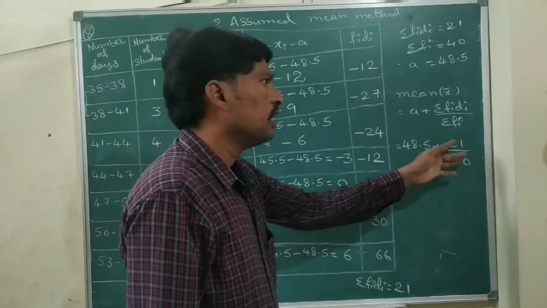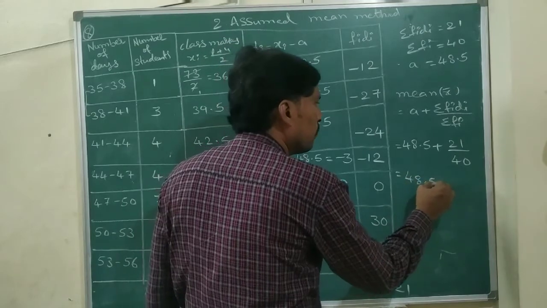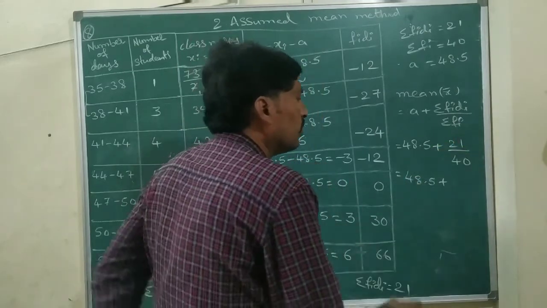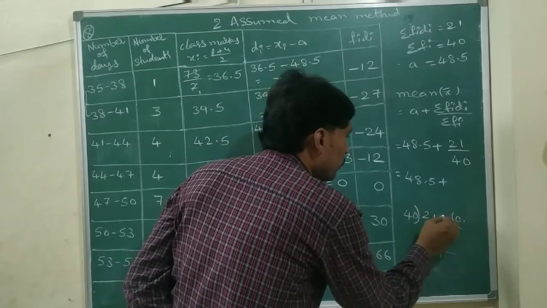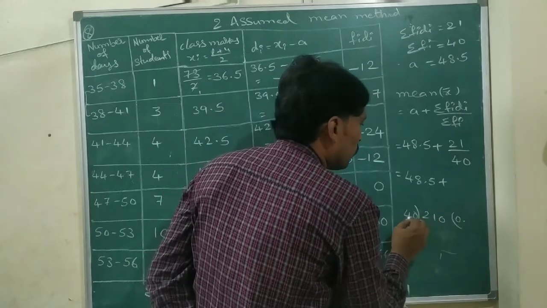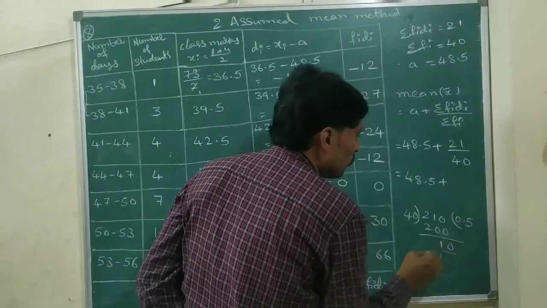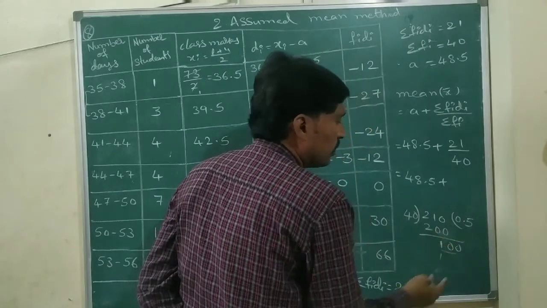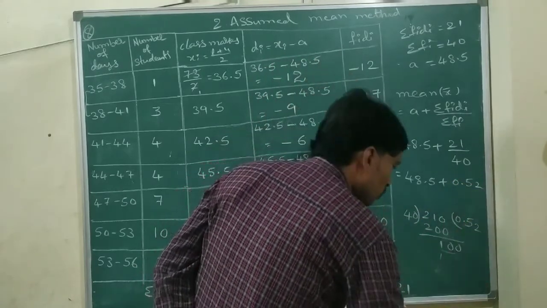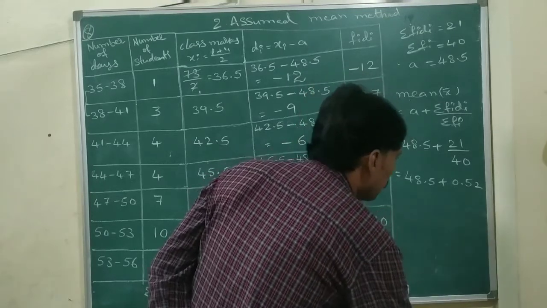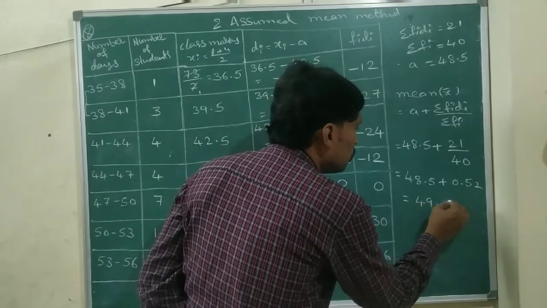Now we need to take the division. 21 divided by 40 is not exact, so we take the decimal point and add zeros, and we get 0.52. 48.5 plus 0.52 is 49.02.